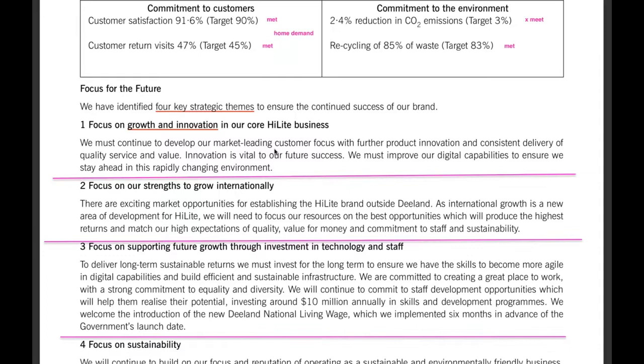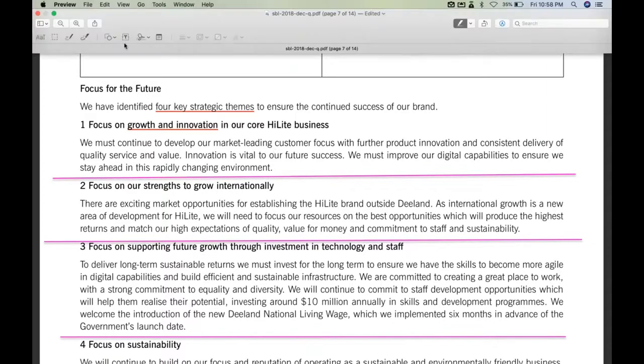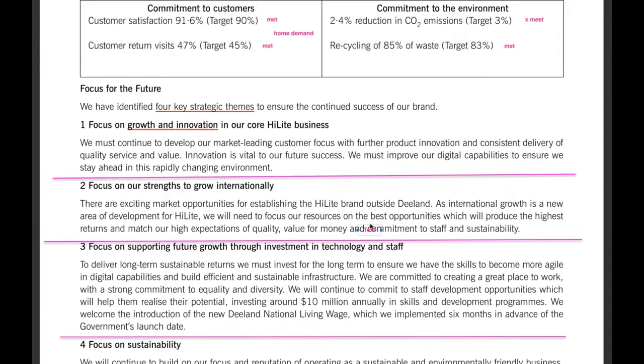We continue to develop our market leading customer focus with further product innovation and consistent delivery of quality service and value. Innovation is vital for our future and we must improve our digital capabilities to ensure we stay ahead in this rapidly changing environment. So basically this can support your firm strategies as well. There is a lot that you can write on the national competitive advantage under the firm strategy.